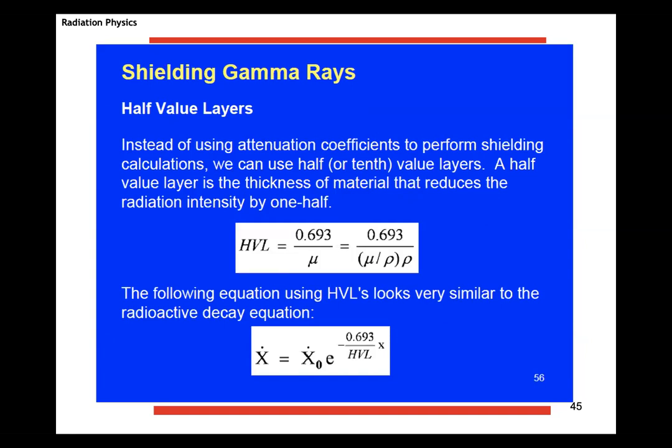Very simple. Now, if you remember the definition of the exponential curve, you will come out with the half value layer being nothing else than 0.693 divided by mu, or if you prefer, 0.693 divided by the mass attenuation coefficient times the density.